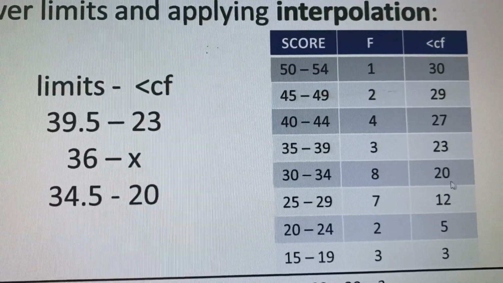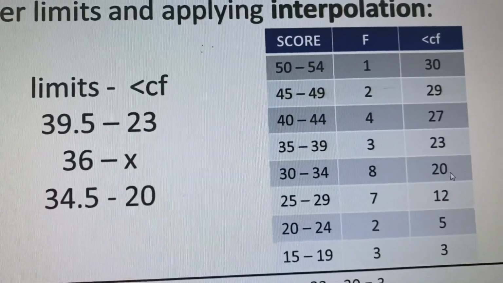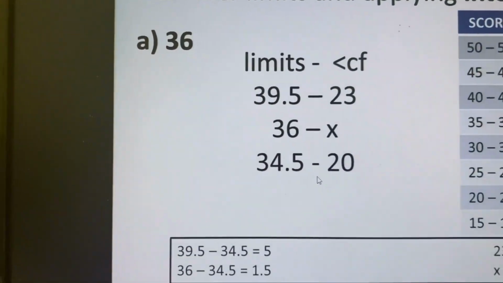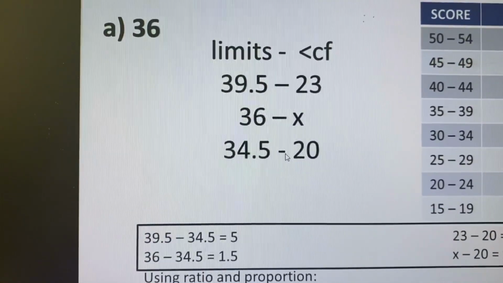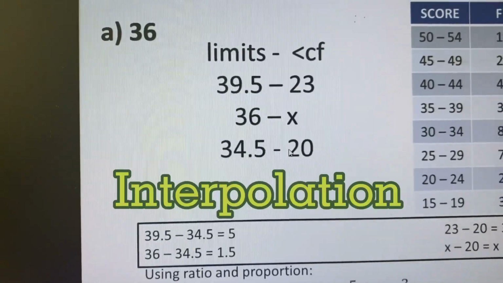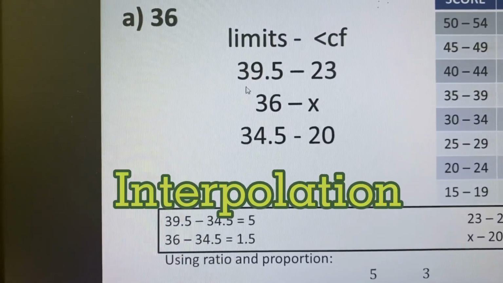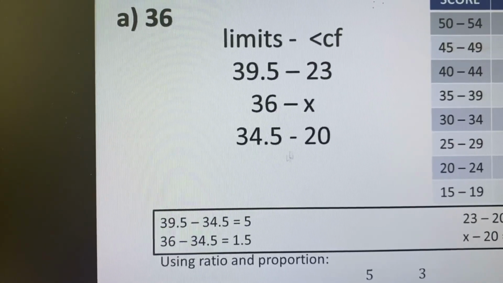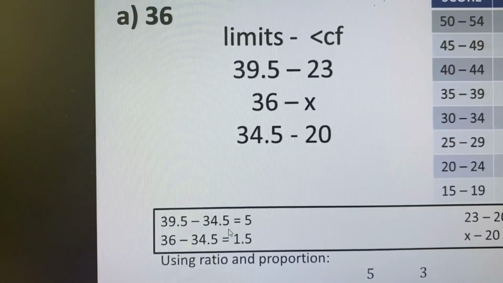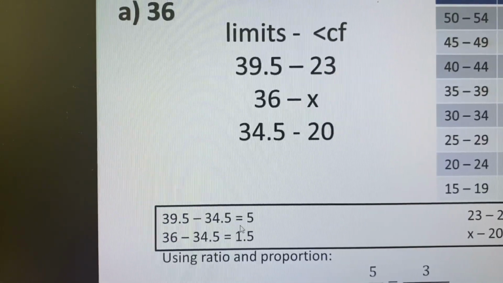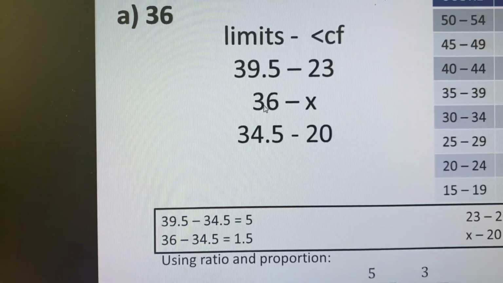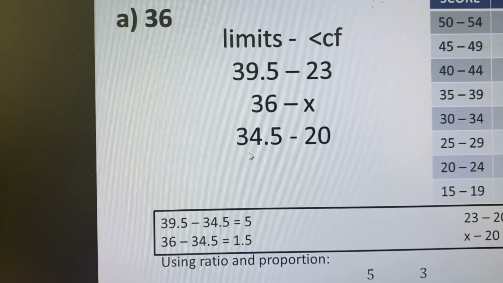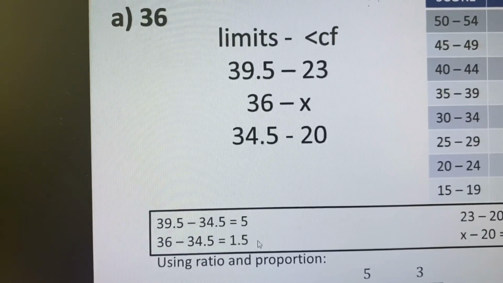And then after completing this, we are going to apply the interpolation method. So we will subtract the upper limit and the lower limit: 39.5 minus 34.5 equals 5. Then 36 minus 34.5, the answer is 1.5.